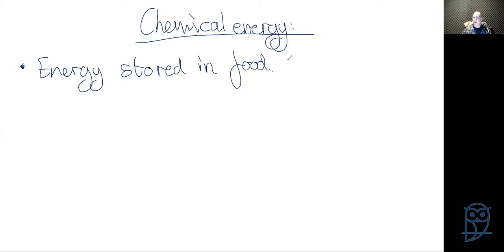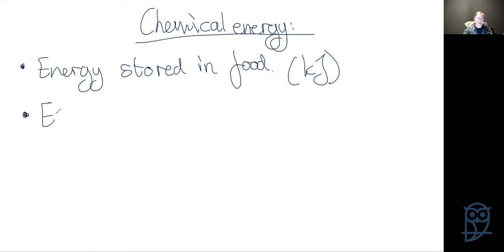So this is a kind of chemical energy. Yes, it is calories. This energy you normally see on the backs of whatever containers your food comes in, and it is measured in kilojoules. That is the energy content of food. So that's one kind of chemical energy.